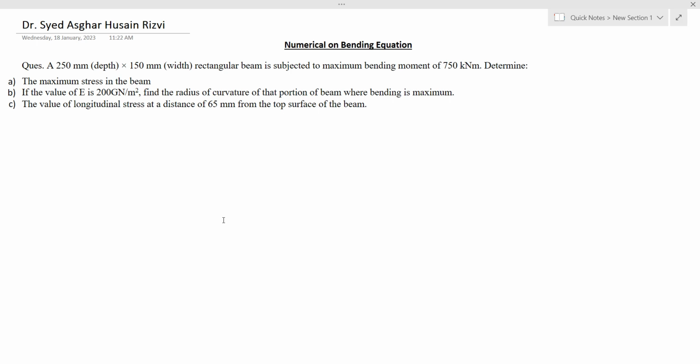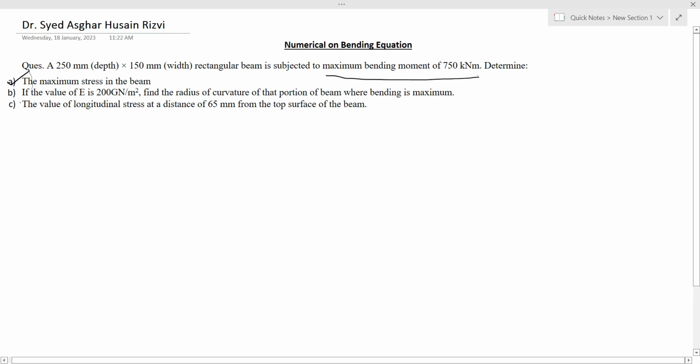Here you can see that the numerical says that a beam of rectangular cross section having depth of 250 mm and its width is 150 mm. It is subjected to a maximum bending moment of 750 kilonewton meter. We have to determine three things: first, the maximum stress in the beam; second, the value of radius of curvature at the portion of the beam where the bending moment is maximum.